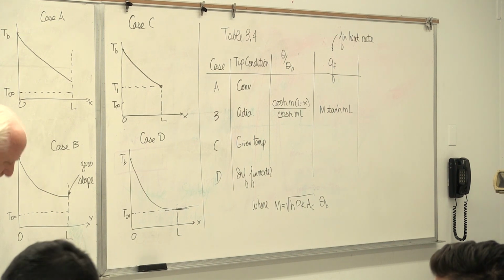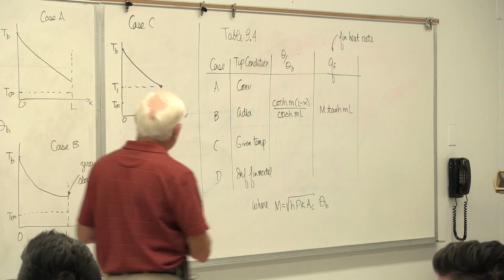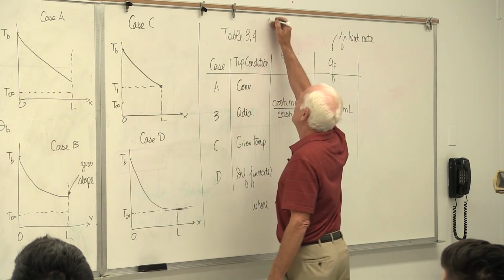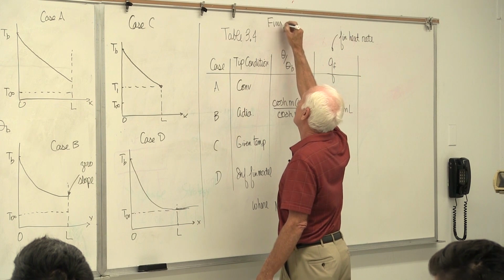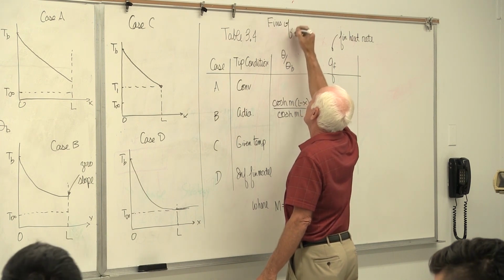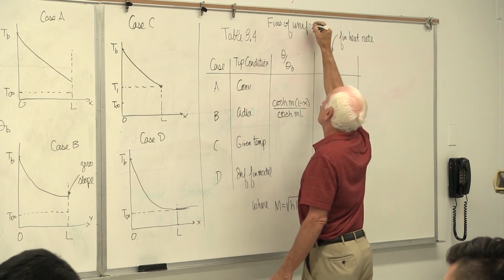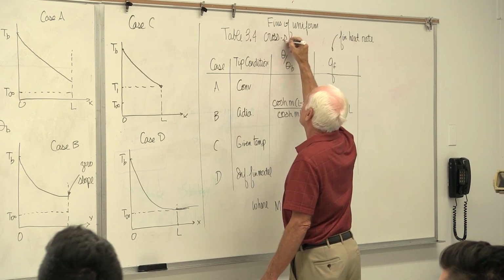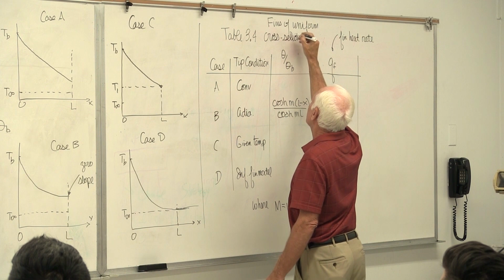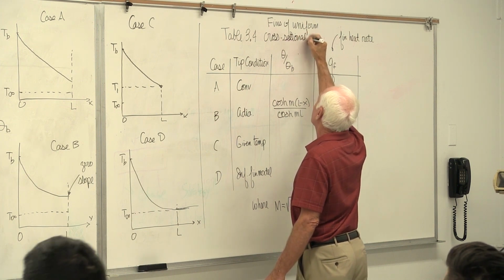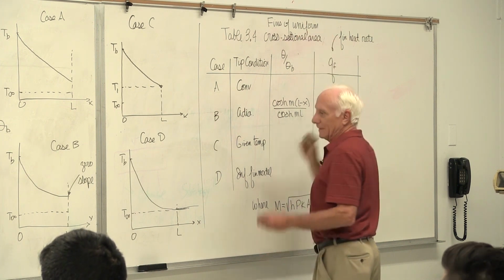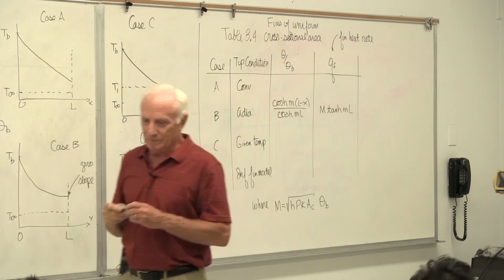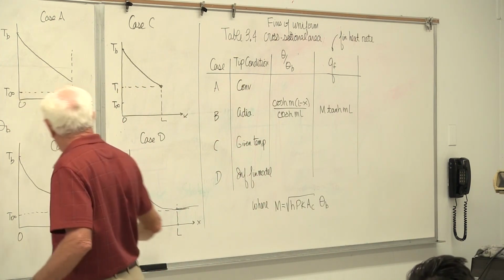Okay. This table is titled Fins of a Uniform Cross-Sectional Area. This is what it means.